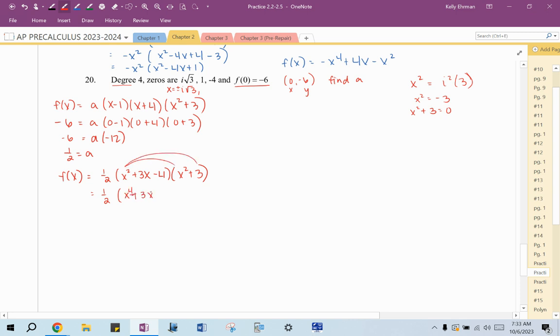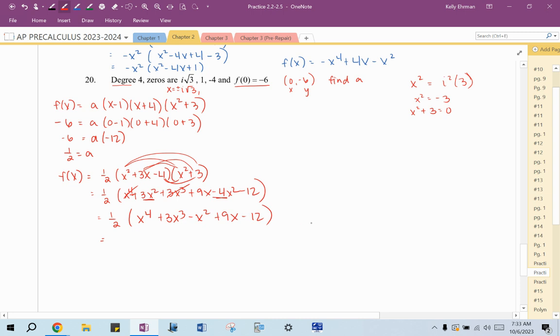Plus 3x squared plus 3x to the 3rd plus 9x minus 4x squared minus 12. Let's take the 1/2 through last. X to the 4th plus 3x to the 3rd. So I did those. I've got negative x squared plus 9x minus 12.